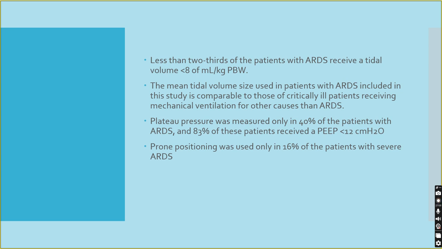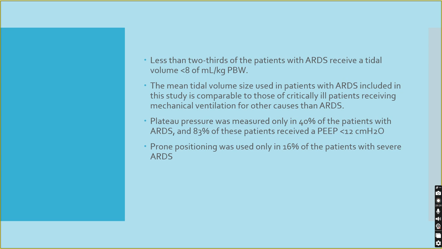So, in spite of such significant data in favor of lung protective ventilation and low tidal volume ventilation, these 50 countries observed that less than two-thirds of the patients with ARDS received a tidal volume of less than 8 ml per kg of body weight. The mean tidal volume actually given to ARDS patients is as good as for non-ARDS patients.